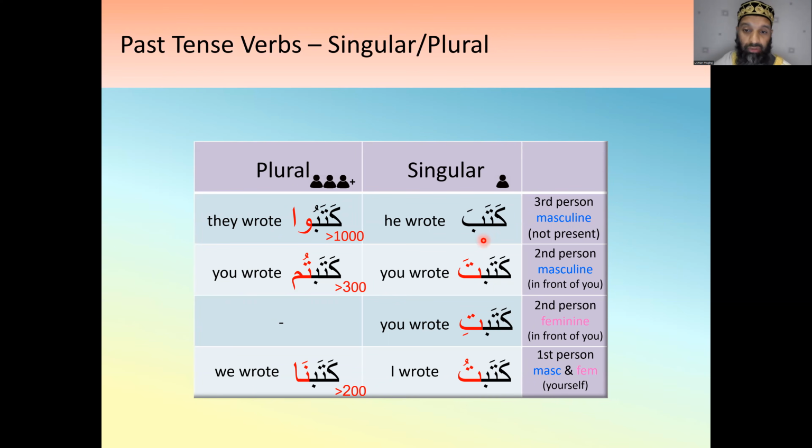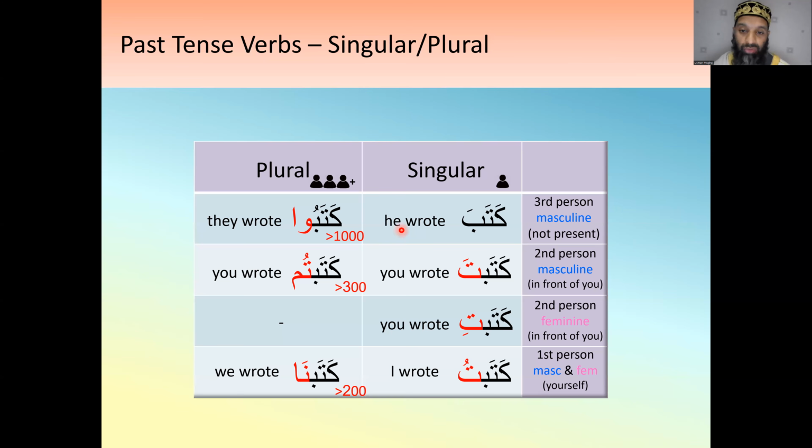This table is a table for regular verbs. It's a generic table. You can get all regular three-lettered verbs, all the ones we've done that are not weak, and you can easily put them in here. Look, ja'ala: ja'alu, ja'alta, ja'alti, ja'altu, ja'altum, ja'alna.